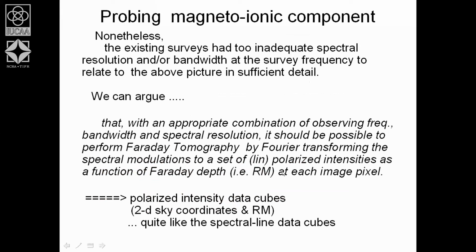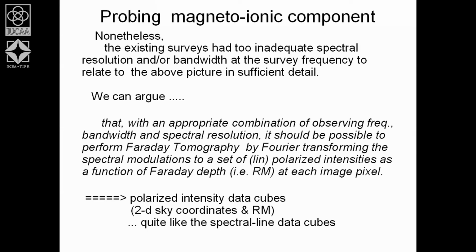Now, the only thing you need to take care of is that the spectrum is available as a function of frequency, whereas this modulation is as a function of where the argument of the sinusoid is proportional to wavelength squared. And so you just need to resample and relabel the spectra in lambda squared, and then your job is done.